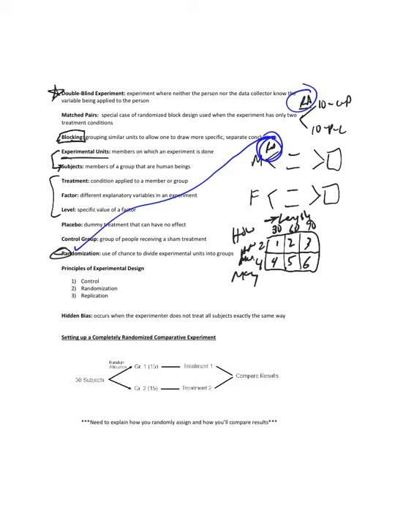So the principles of experimental design, these 3 here. Control just means there's going to be comparison, so there's going to be at least 2 treatments. The randomization we just talked about. Replication is the idea that you get those results over either multiple individuals in each group or over multiple experiments.